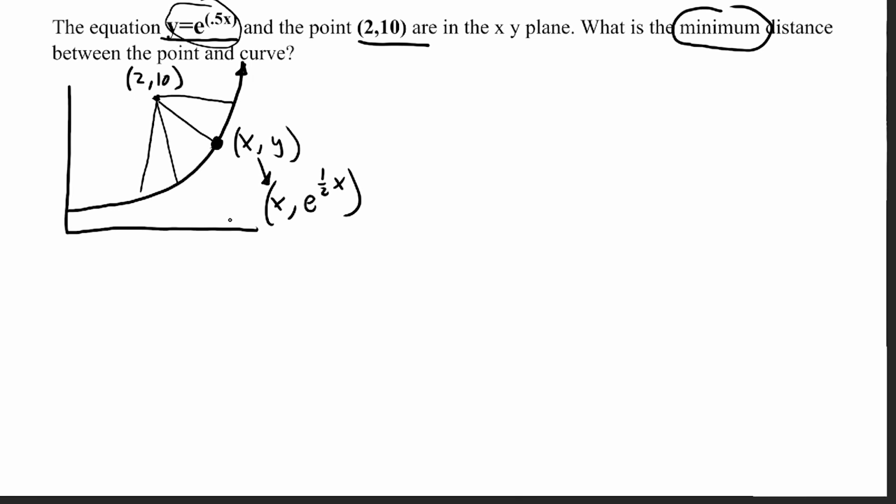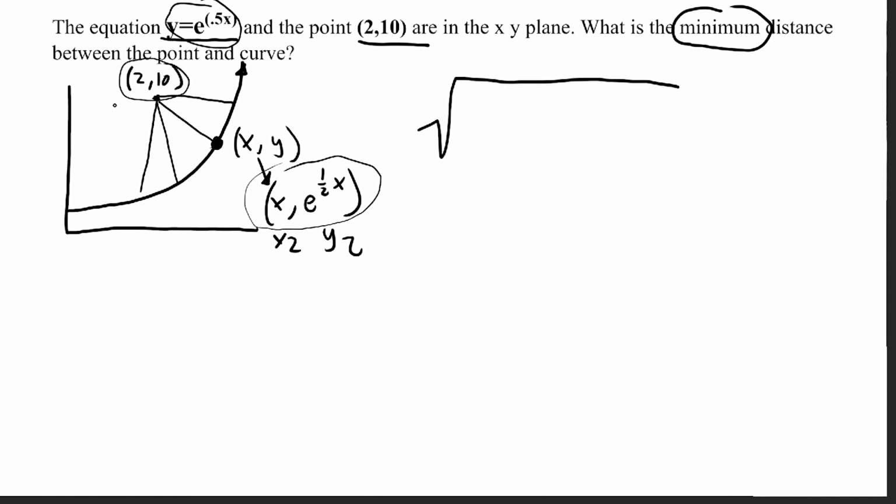And now what we can do is use the distance formula from this point, which is variable. It changes depending on the x value put in, and this point. Okay, so recall the distance formula uses 2 points. I'm going to have this be (x2, y2), and I'm going to have this be (x1, y1), right?